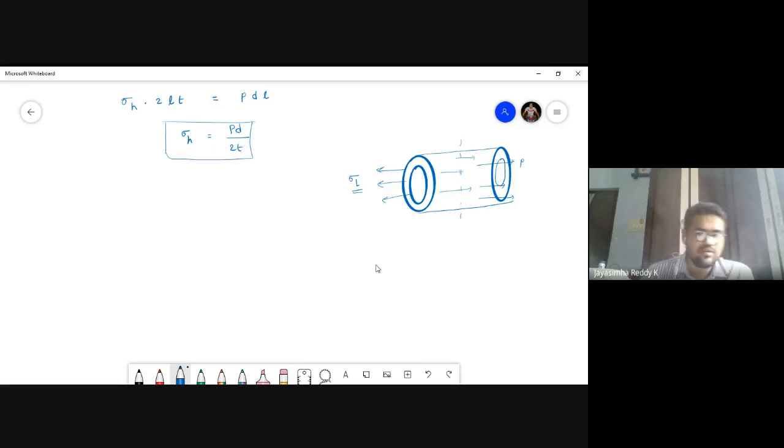So here, we'll consider the section cut by a transverse plane. Let us assume the section is cut like this, and let us write the equilibrium of forces in the longitudinal direction.